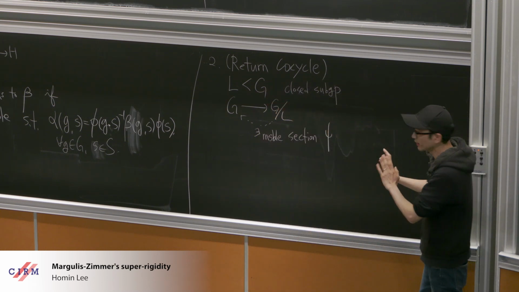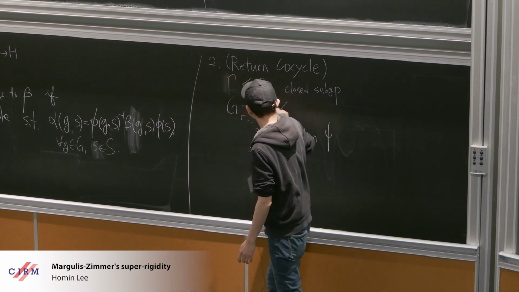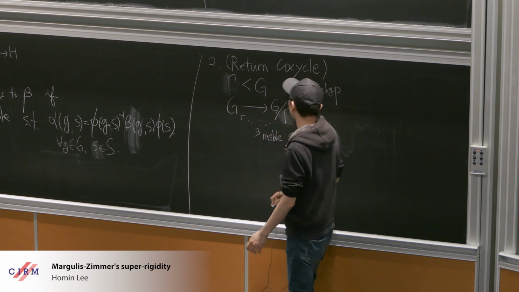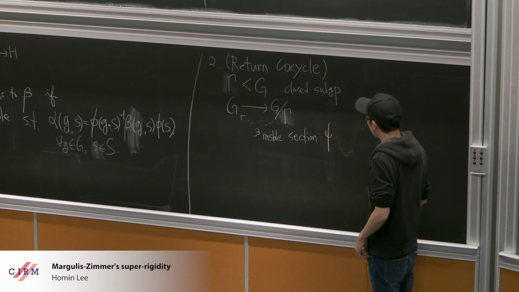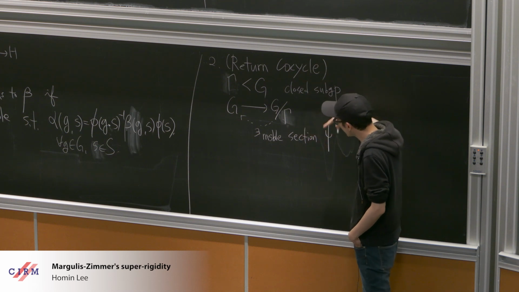So what does this mean actually? Gamma is a closed subgroup, and actually you can find a measurable section.